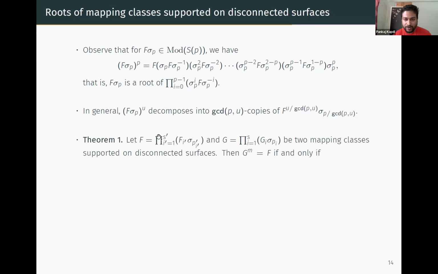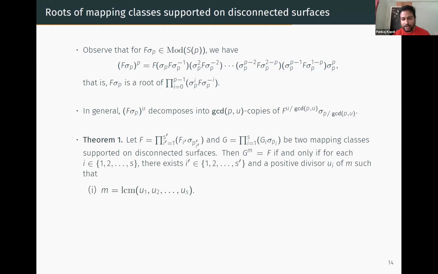So in general, if I take two such mapping classes f and g, which are supported on disconnected surfaces, and there are several orbits of size pi, and for f, sigma pi prime, then g to the power m is f if and only if, for each i, you need some i prime such that u_i divides m, where m is the LCM of all u_i's. Then there are conditions on these orbits, how you combine the orbits to construct the roots, or when you take powers how orbits get decomposed.